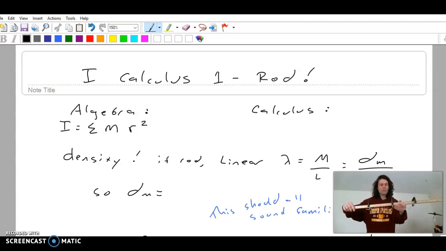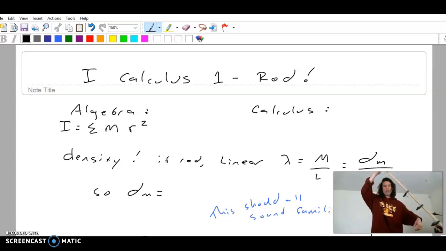An example of that would be this rod or this meter stick with 3 clamps attached to it. If I have this meter stick just rotating about the axis that is my right hand there, then this rod has a certain resistance to rotation. And all I would do to calculate its I is add up the mass of this C clamp times the distance it is from the axis of rotation, square that number.